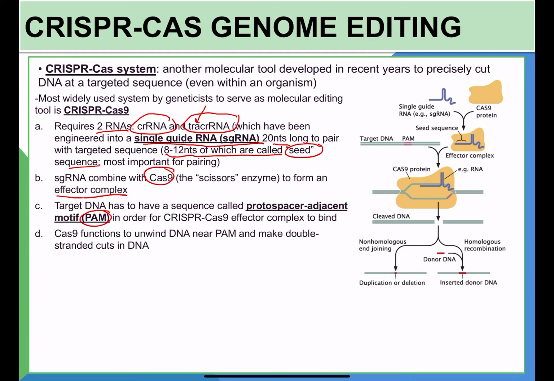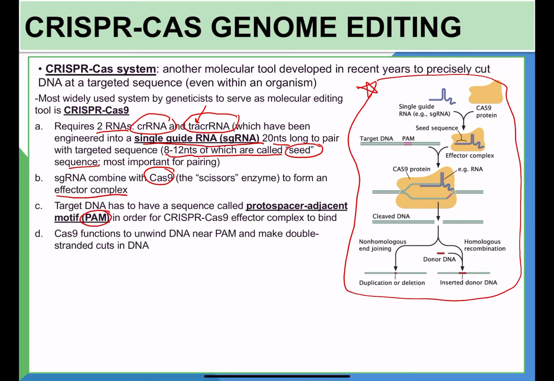So once the effector complex binds, Cas9 will unwind the specific region of DNA like helicase does in DNA replication, and allows your single guide RNA to base pair and find the specific sequence, and then Cas9 will cut the specific sequence on both strands, making a double-stranded break. This diagram puts you in a good perspective of what's happening.